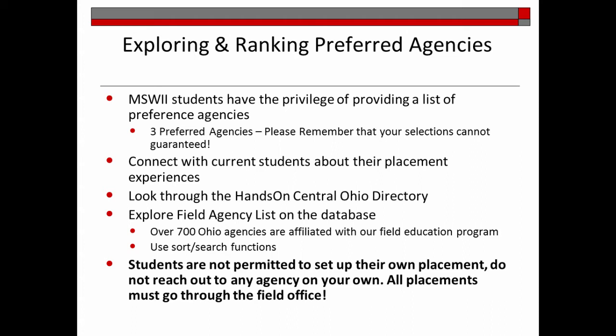If you're using the search function, you'll want to use just a specific word. For example, if you're interested in adoption, I would just put in adoption, or maybe if you are interested in adoption and foster care, I would search for those words separately. This will really help narrow down the agencies that can or do this type of work.